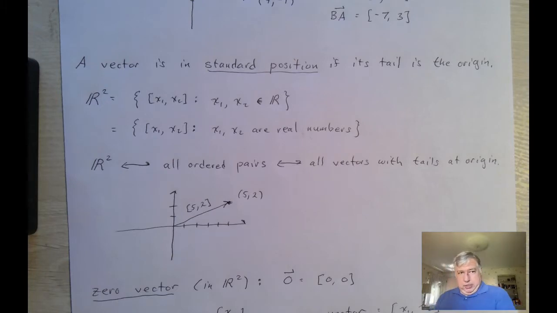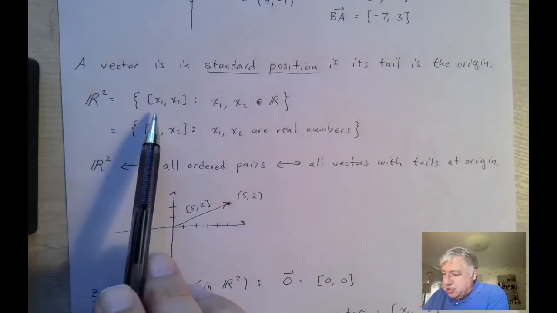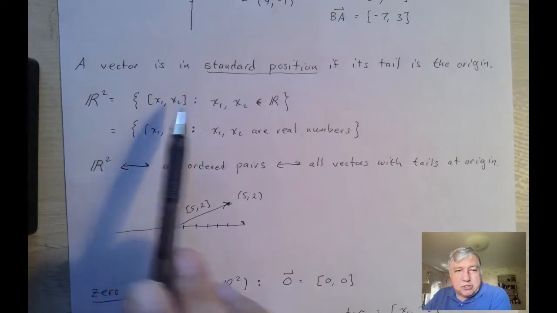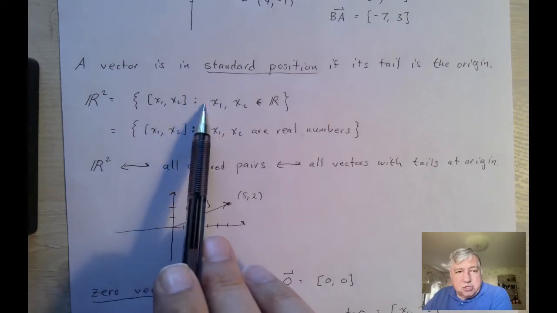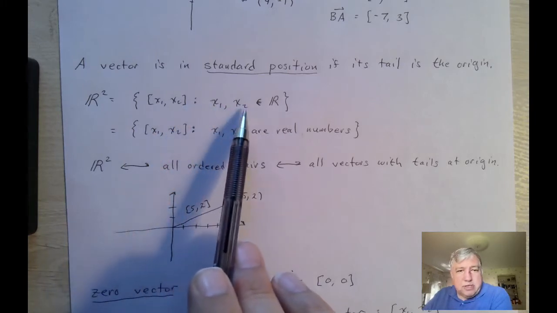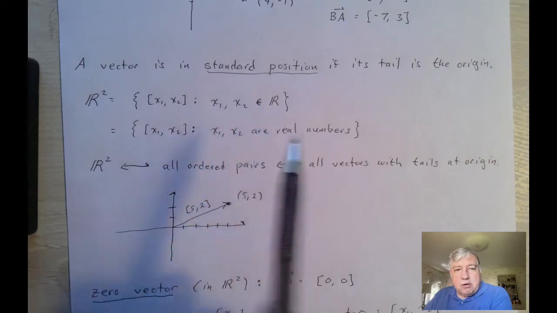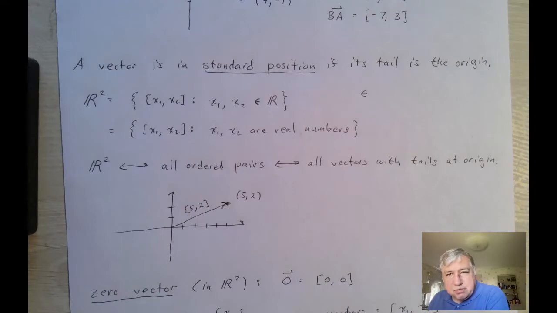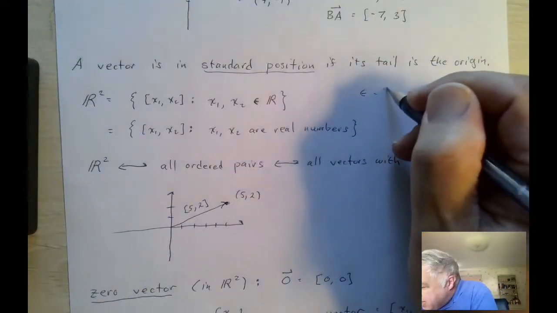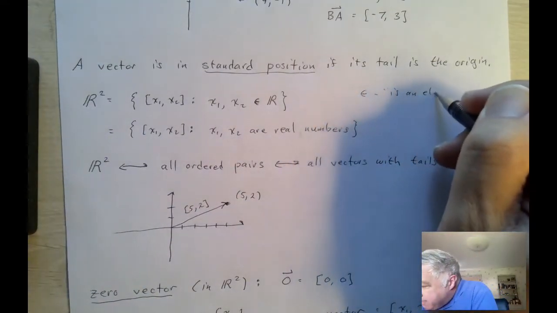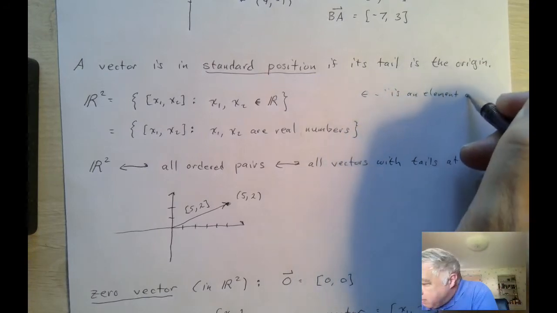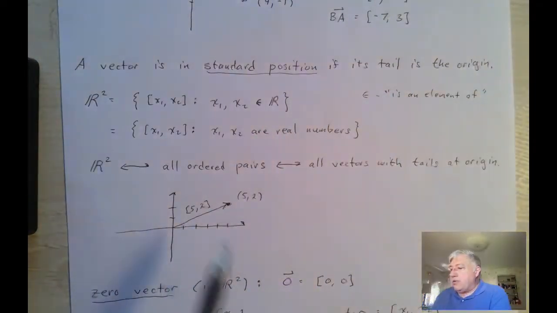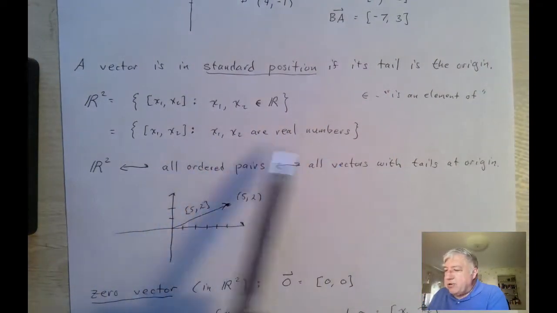So we define R2 to be the set of all directed lines or vectors of the form [x1, x2] such that, that's what this colon means, such that x1 and x2 are elements in R. You may or may not be familiar with this funny looking E. This just means "is an element of." Another way of saying this is that x1 and x2 are just real numbers.